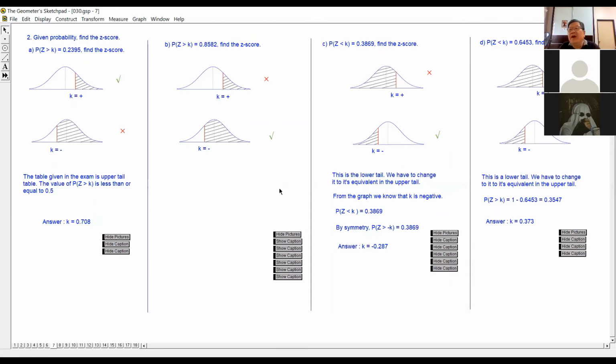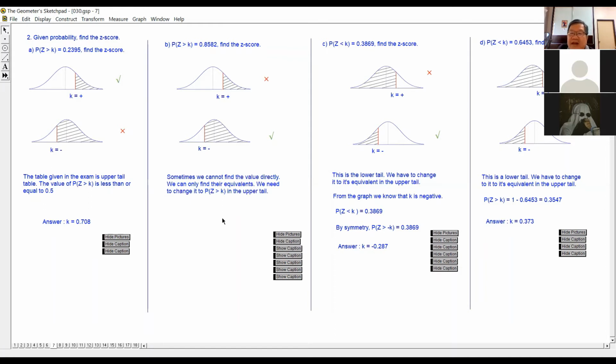Now, the problem arises because in your normal distribution table, the number is never greater than 0.5. It is at most equal to 0.5. So how are you going to find this number from the table? The number is 0.8582. So this number is not inside the table. So how to do? Sometimes you cannot find the value directly.